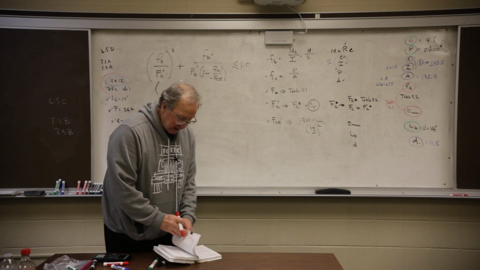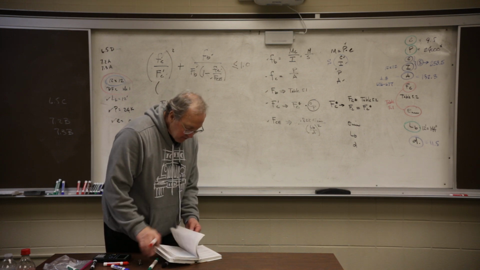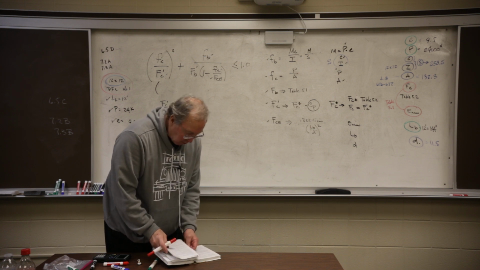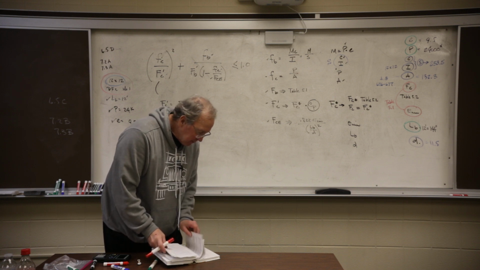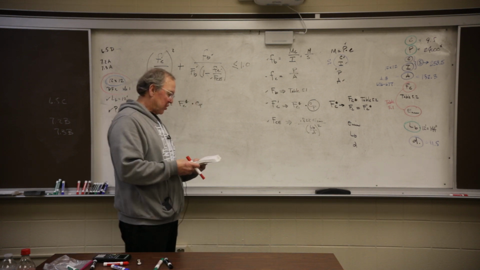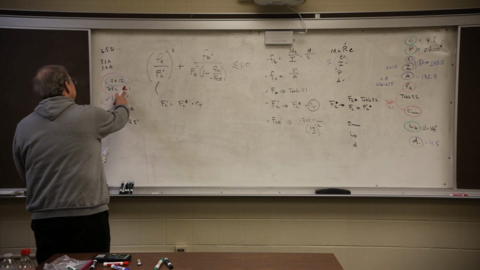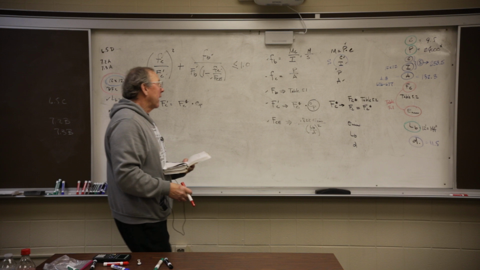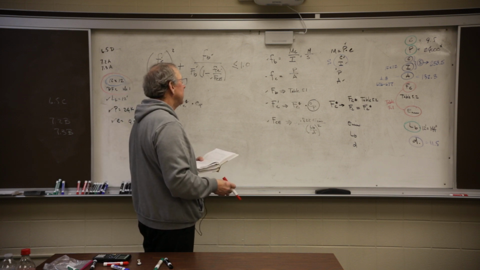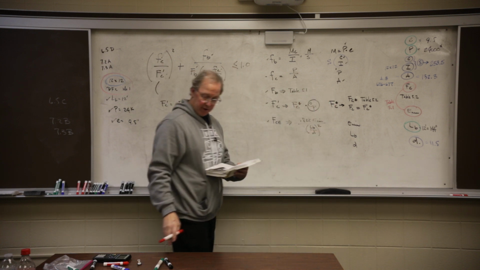I've got to find my table here. 5.1. There I am. Okay, I'm posts and timbers. I'm number 1 Douglas fir-larch. And I want FC. Oh, I missed FB. Table 5.1 right here. I'm going to put him over there too because we need him.